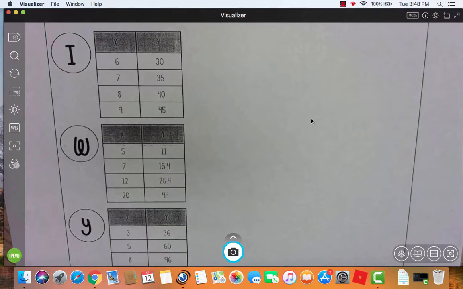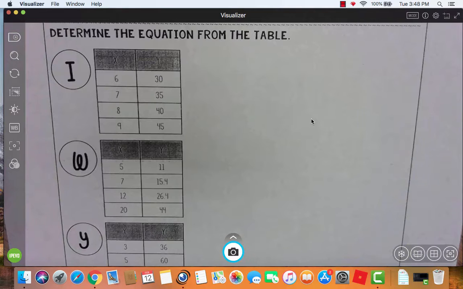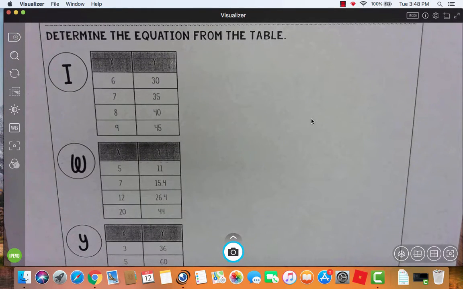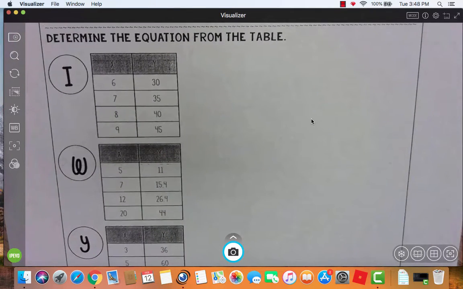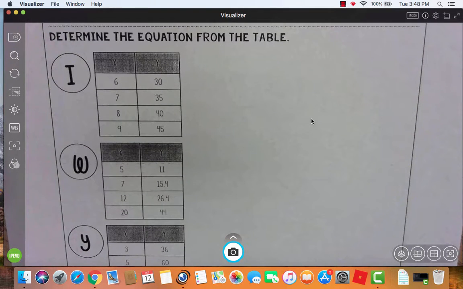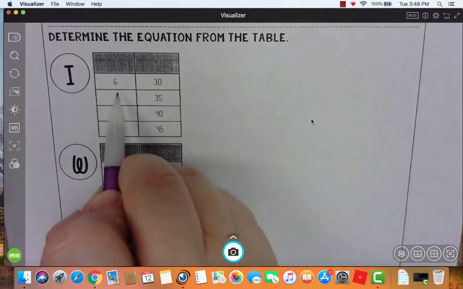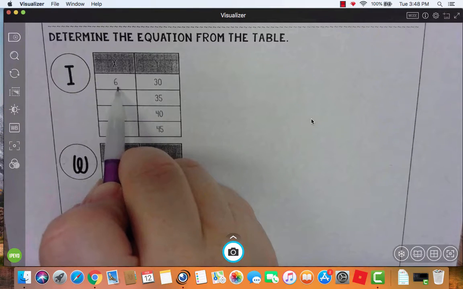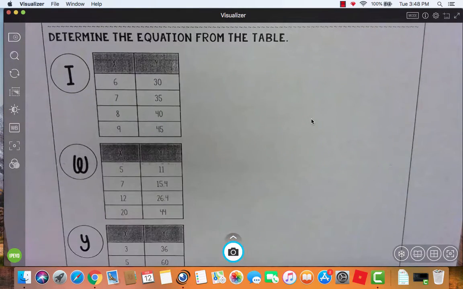Now, the second part we have is you need to be able to determine the equation from a table. Okay? Determine an equation from a table. Now, just like we did in our sequences, we got to ask ourselves, how do I get from 6 to 30?